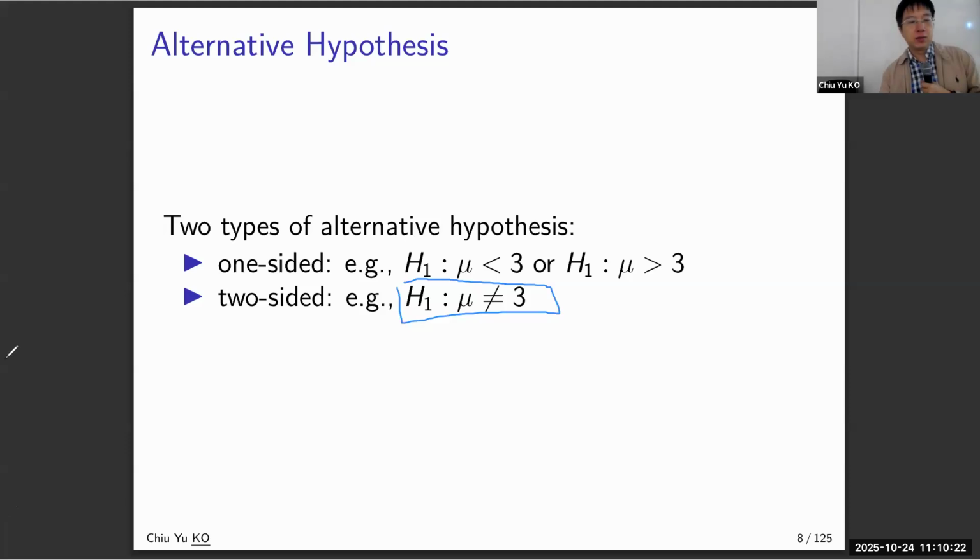And when will we use less than? Less than will be used when you would take action when something less than will be important.